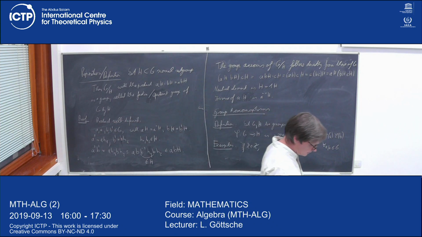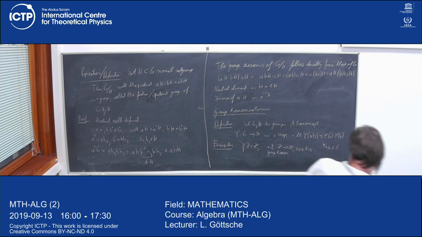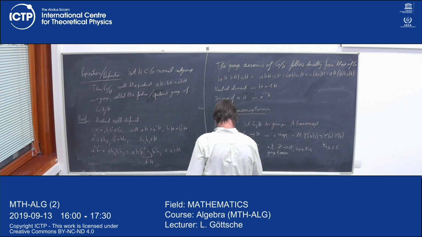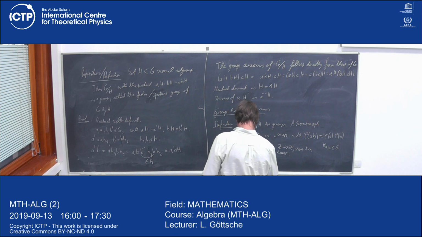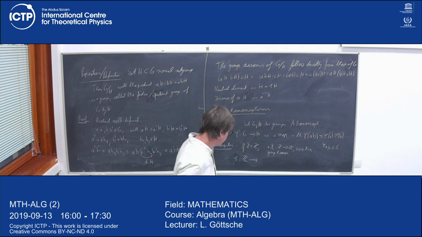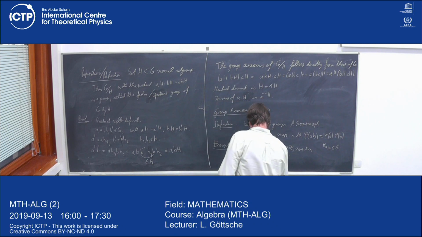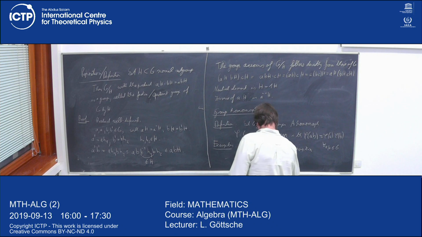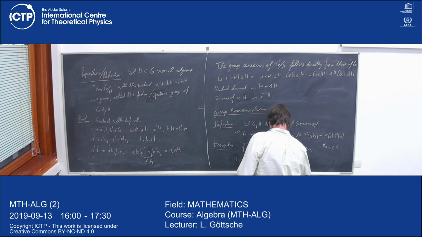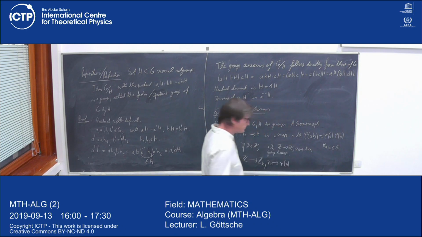And another one would be, we have this map pi from the integers, so k is now say a positive integer, to what I called Z_k, which sends an integer to the rest when we divide by k.